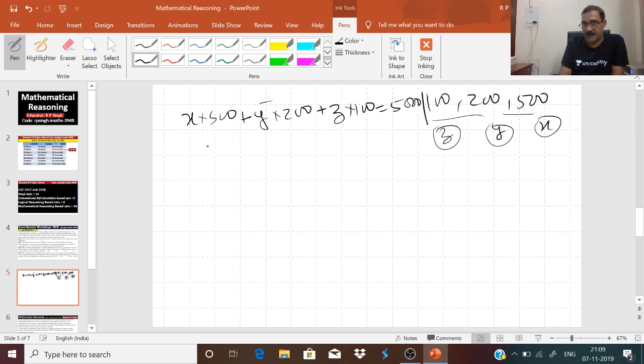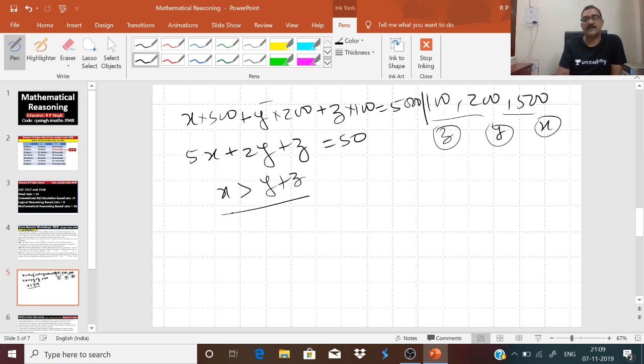If I divide by 100, I get 5x plus 2y plus z equals 50. And what is the condition? X should be more than y plus z. So guys, all the possibilities you have to list using this. Let me list the possibilities x, y, z accordingly. So 10, 0, 0. This condition is satisfied.